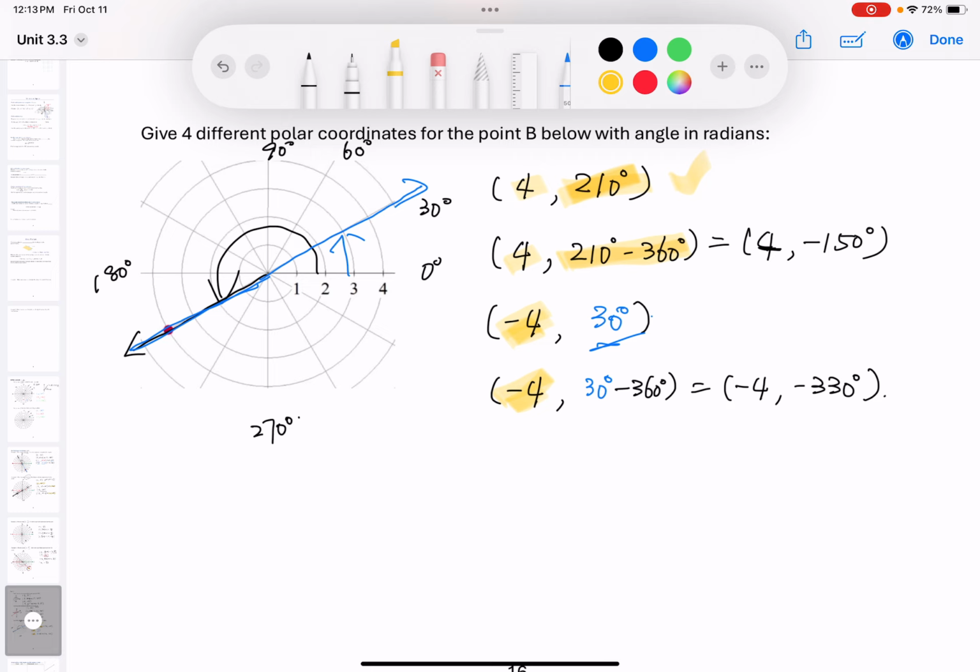Based on the angle, we can plus or minus 180 to get this one, and then plus or minus 360 to find the coterminal angle. Okay, let's move on to the next part.